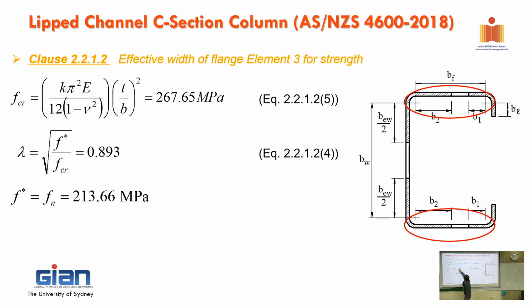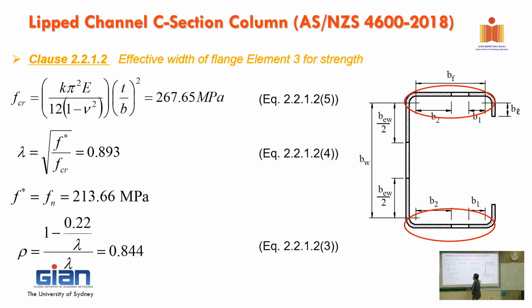Right, and then you get the buckling stress, and you get a slenderness lambda, and then Fn here, as I said before, is equivalent to the critical stress that we calculated. Then you can calculate rho here. Rho is the percentage of effective width, right? BEF is rho times the full width of the flange.